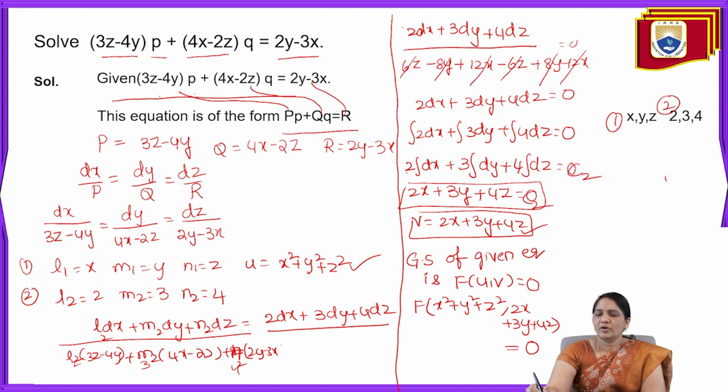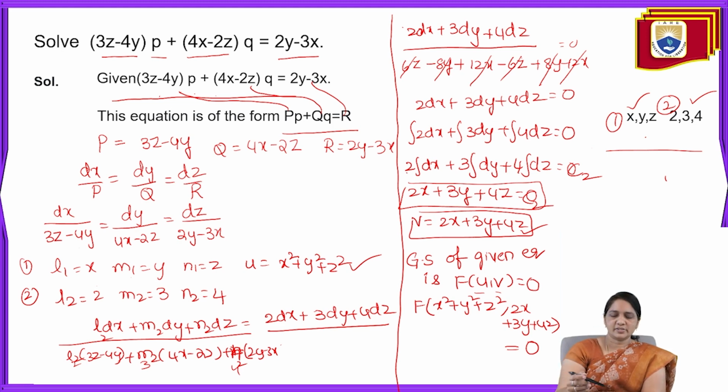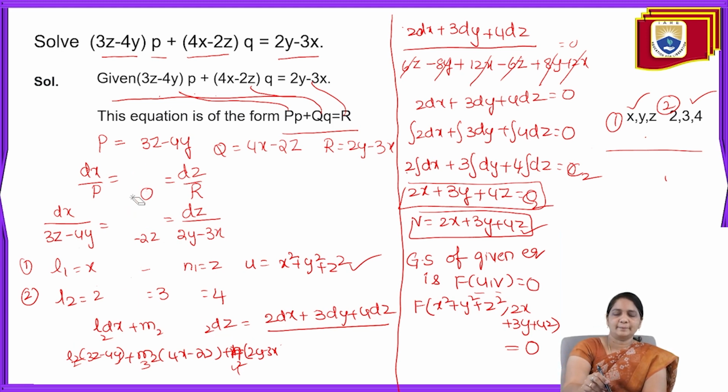So here we are using the first set of multipliers x, y, z and the second set of multipliers 2, 3, 4. Then we got the solutions u and v. So this is the final solution, that is f of u comma v equal to 0. This is the way to solve the given problems by using the method of multipliers. So I am going to explain one more problem to get a better understanding of this method.